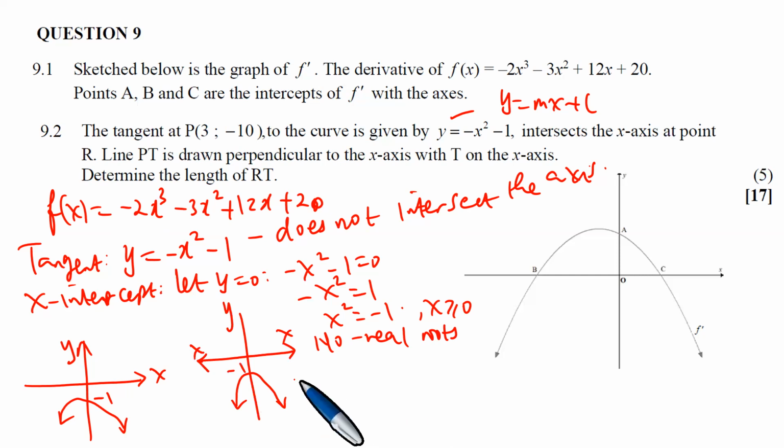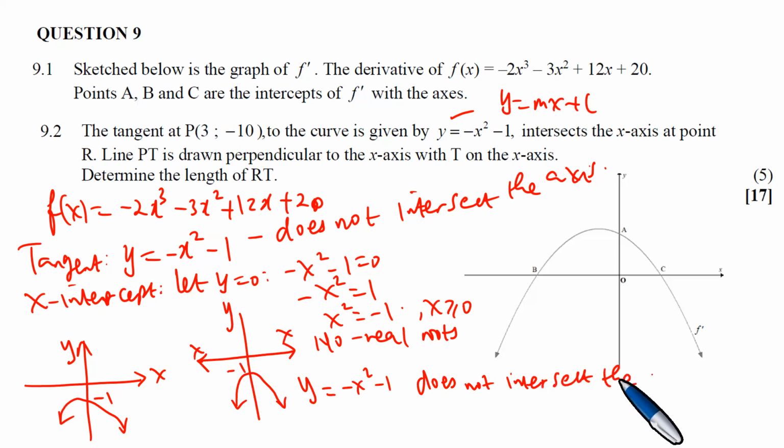So, Mr. Examiner, y equals minus x squared does not intersect the x-axis at R. At any point, it doesn't. Okay, so the examiner was wrong here. They made a mistake somehow.